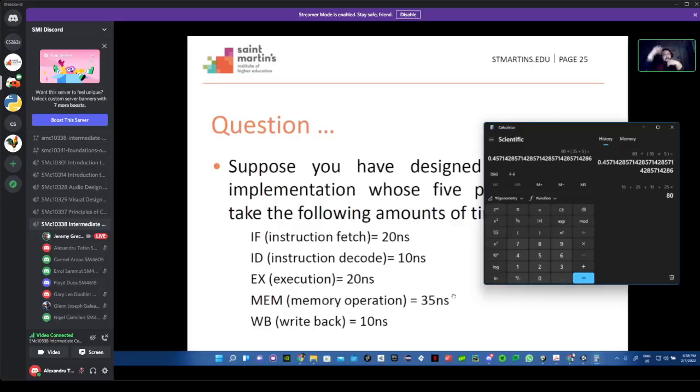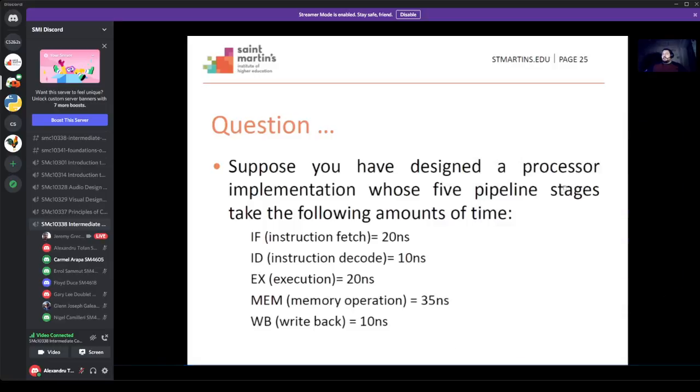But even if I finish earlier, I have to wait for the next stage. Exactly, that's essentially the idea. The longest time is 25 nanoseconds waiting for a particular stage, yes.